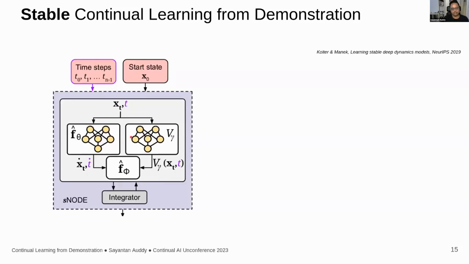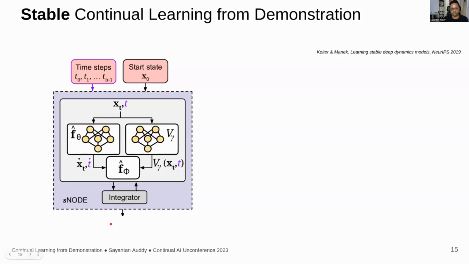In addition, there's another neural network which represents something known as a Lyapunov function that enforces the stability of the trajectory that is predicted. And these two together are combined in a certain form, which I'm not talking about right now because of time constraints, but it's there in the paper if you're interested. The combination of these two things ensures that whatever comes out of this stable node is always a stable trajectory.